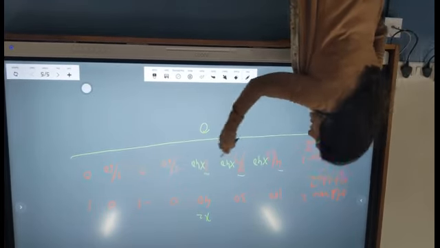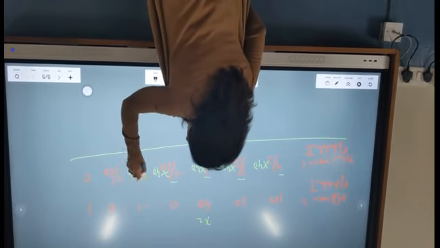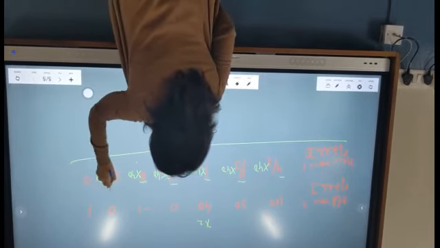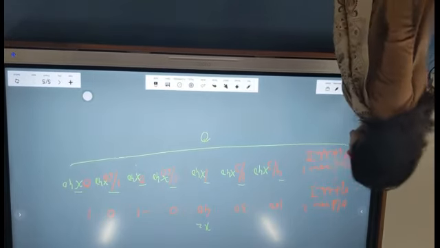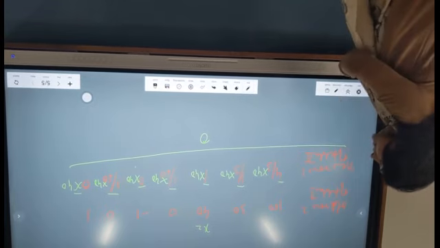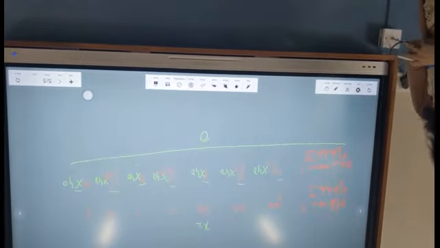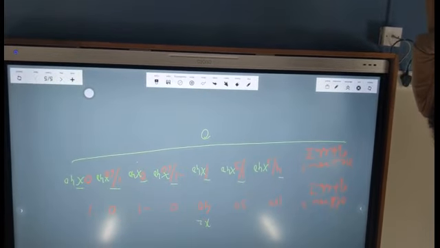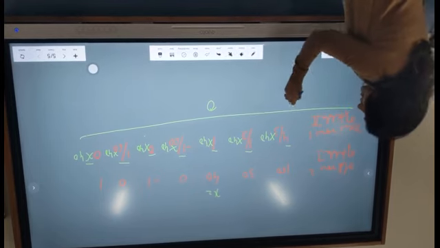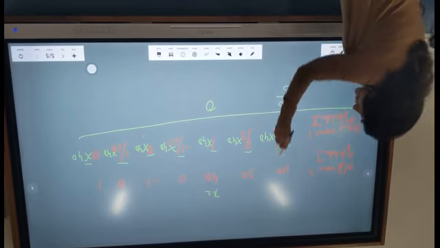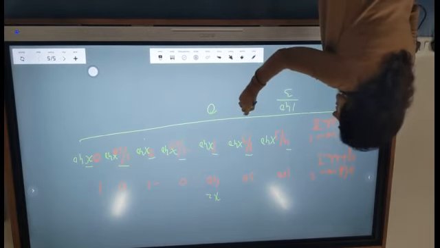Multiply by 40 and subtract. 100 minus 160 by 3. 220 or 140? 140 by 3. 50 by 3. This is 50 by 3.